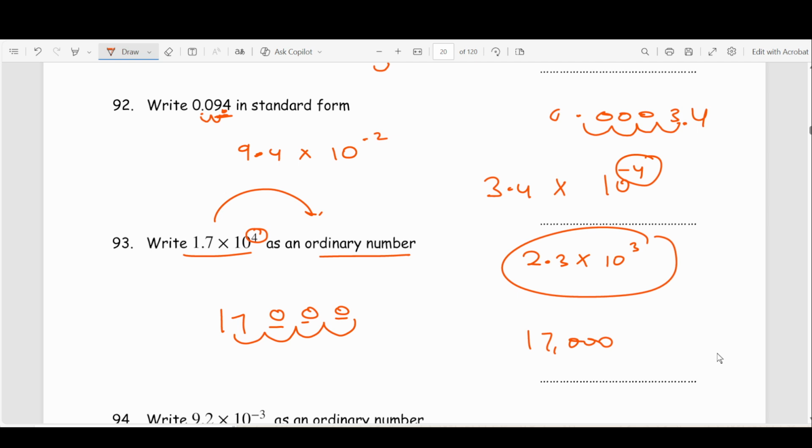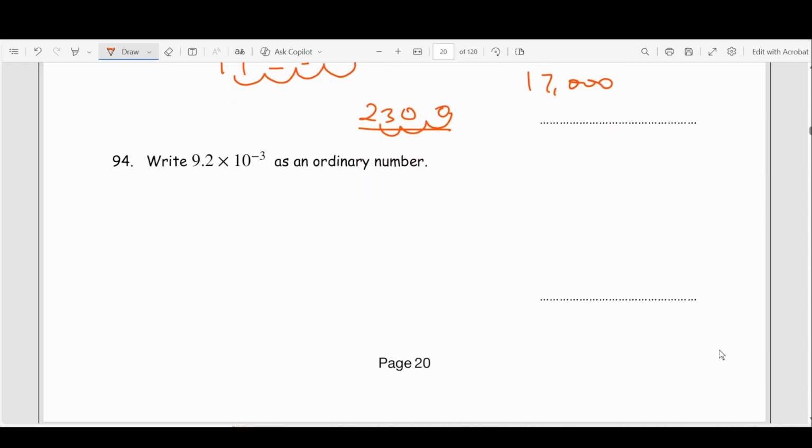Just write 23 and move the decimal by 3 places: 1, 2, 3. Then put 0 in the empty places. First we write 23, then we move the decimal 3 places: 1, 2, 3. The answer is 2300. Very good.